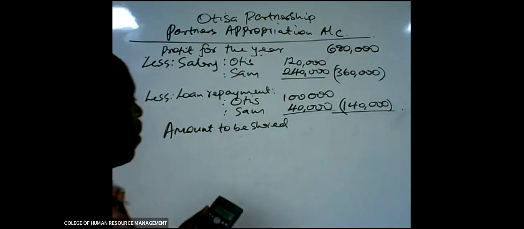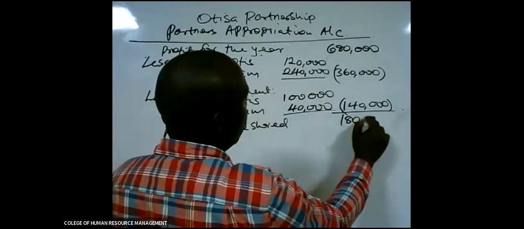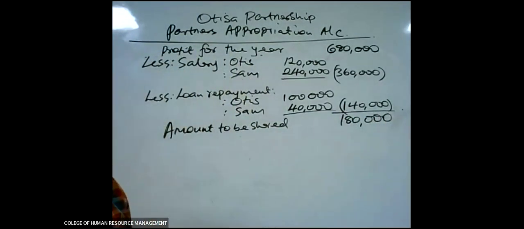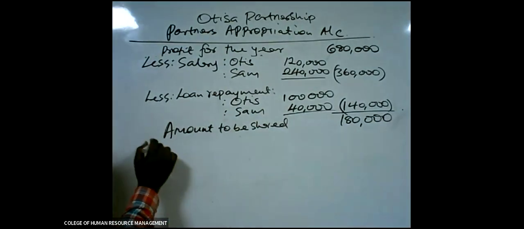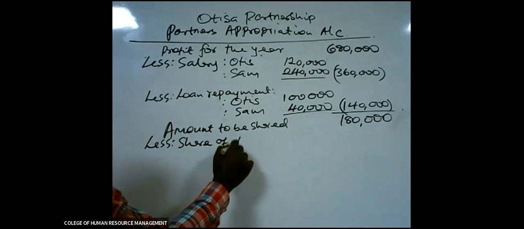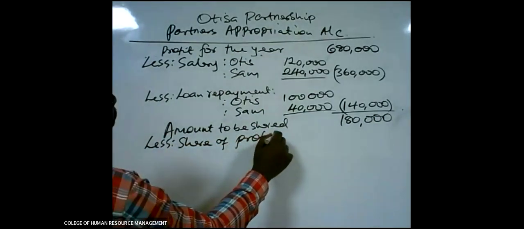You get 180,000. That is what is left for them now to share in their profit and loss sharing ratio, which we are told is a ratio of 4:5. So that's now the share of profit.